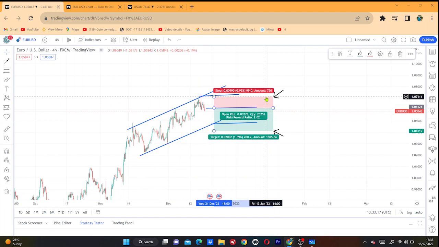Okay, I'll just be doing that, and then our TP over here I'll be making 1.04096.